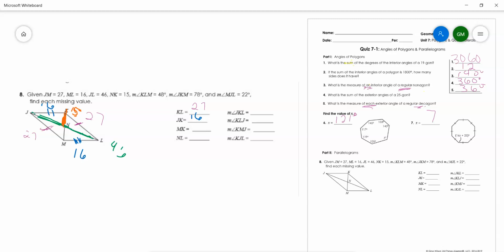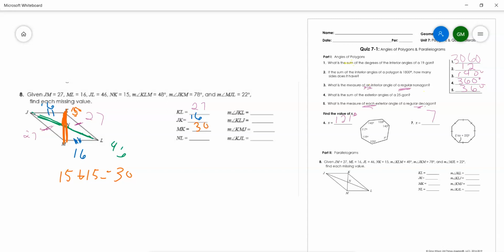And then we have MK, which is the full length of this diagonal. NK, the shorter one, was 15. MN is also 15 because the diagonals bisect each other, so the full length would be 30.